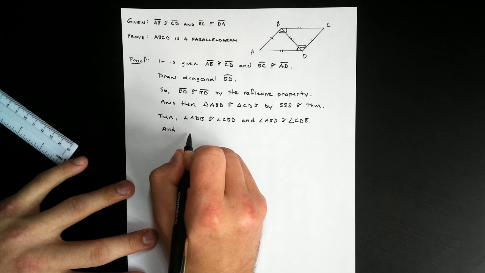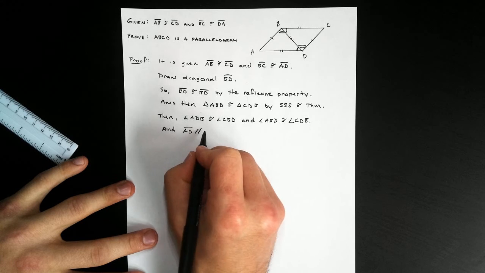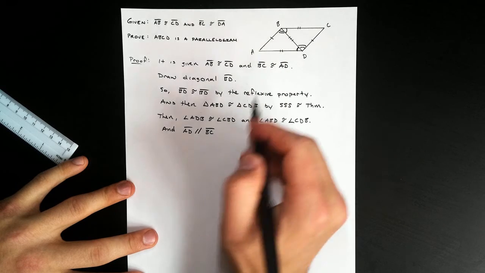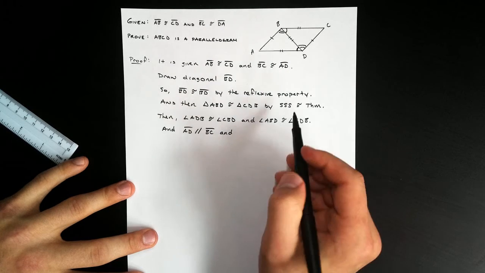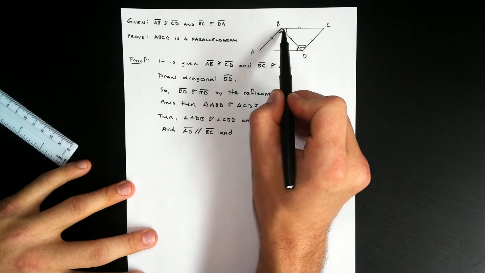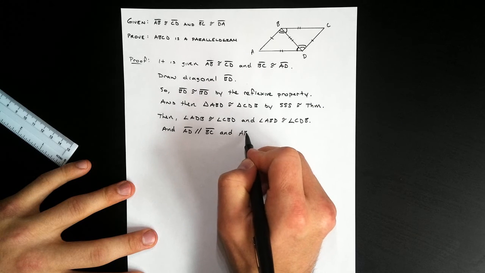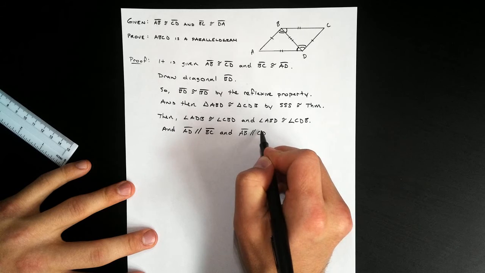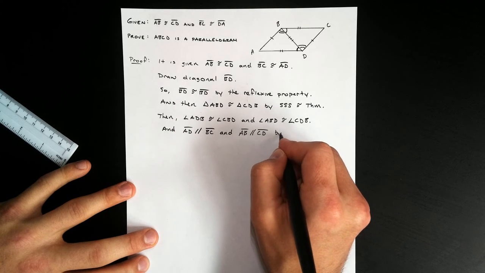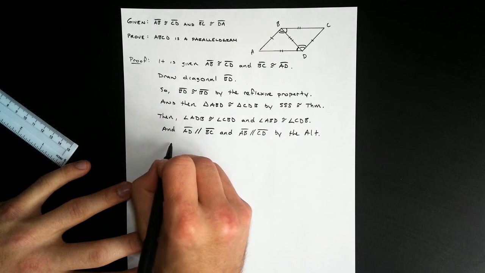So we know AD is parallel to BC because of that pair of alternate interior angles. And using the other pair of angles we have, so now I'm looking at this pair of alternate interior angles going this way. So AB is parallel to CD, and that is the alternate interior angles converse.